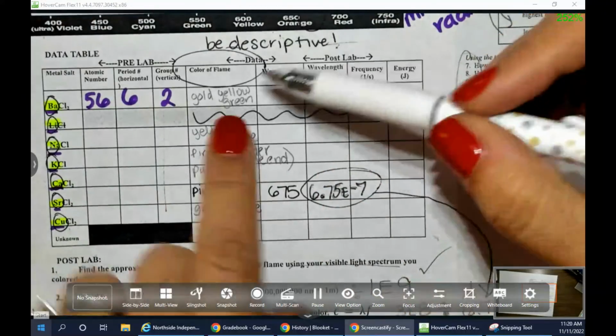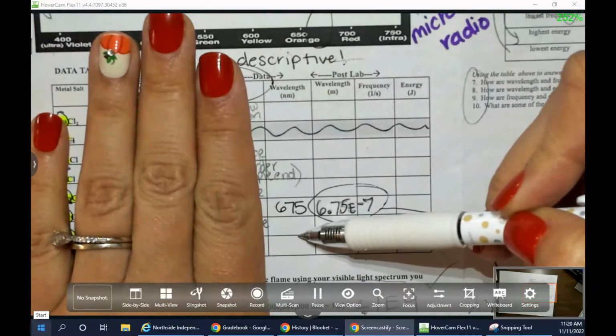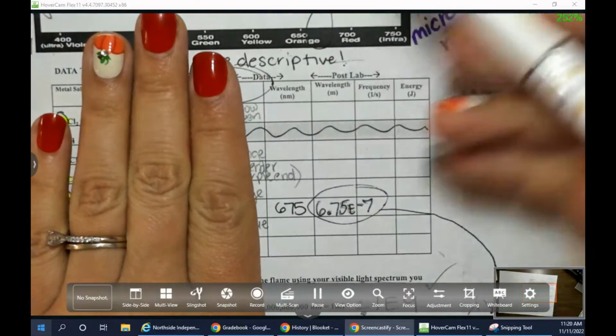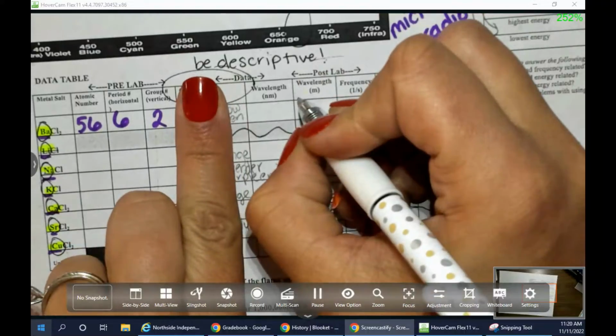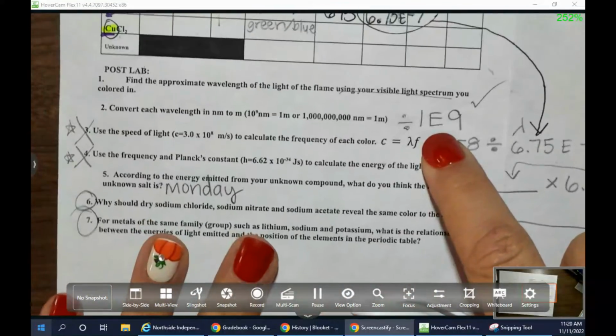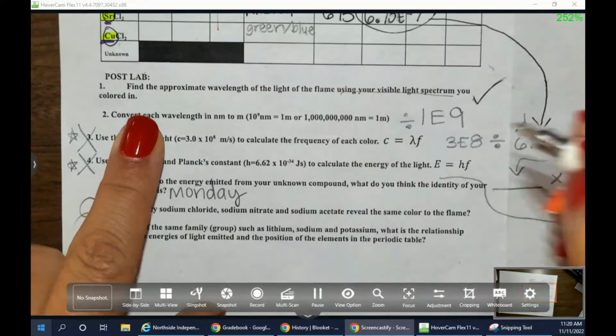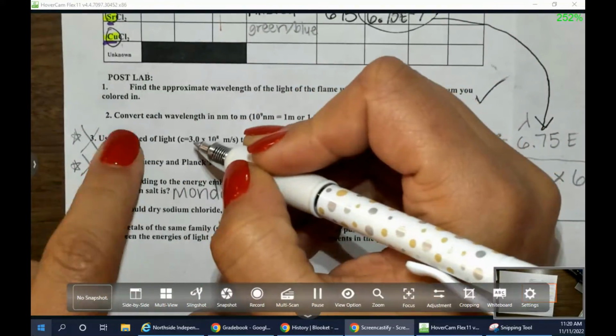When you are converting between your wavelength that you grabbed from up here, so I had 675, all that you're doing is you're going to divide it by 1E9. So looking down here, it says find the approximate wavelength. That was the part that we did yesterday, or you're going to do it right now. And then you're going to convert it to meters.